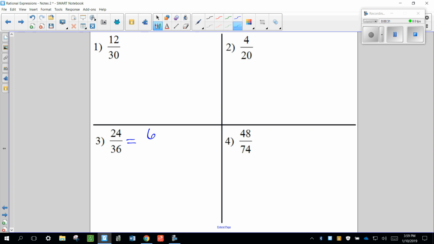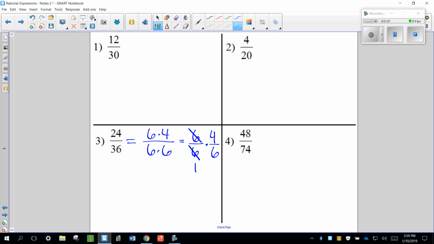So to do that, what you're really doing is factoring the top and the bottom of this fraction. So you see 6 times 4 is 24, 6 times 6 is 36. Well, when we're multiplying fractions, we just multiply across the top and the bottom, which means we can split those up. And we would come out with, I could have divided by 12, we come out with 6 over 6, which is 1.